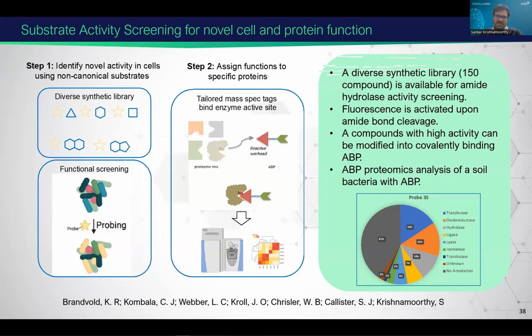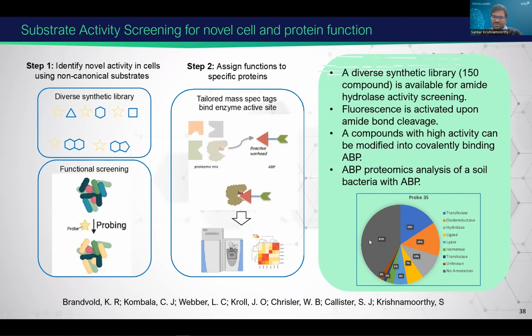We developed one such library for amide hydrolases with 150 compounds, and screened it against one soil microbe to identify two probes from that library, and modified them into an activity-based probe that we used to enrich proteins and do proteomics analysis.